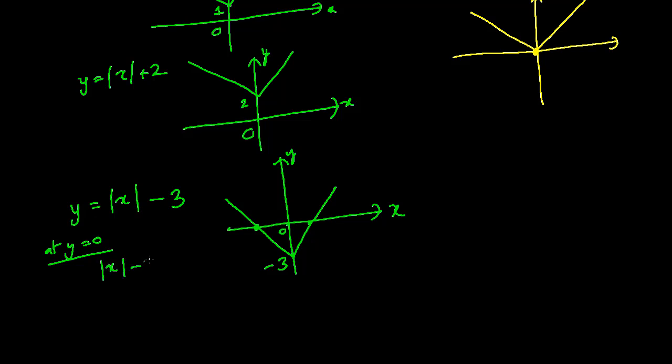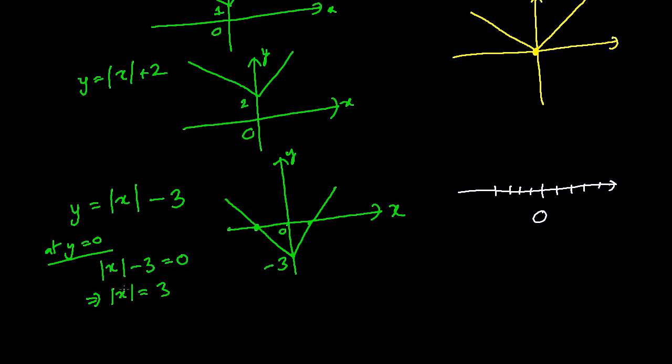So absolute value of x minus 3 equals 0. Now we have to solve this absolute value equation. So we know absolute value of x equals 3. It means that the distance from the origin is 3. So it can either be on the left side of the origin, or it can be on the right side of the origin. So if you have a number line, this is the origin, we have lots of numbers on the right hand side and lots of numbers on the left hand side.